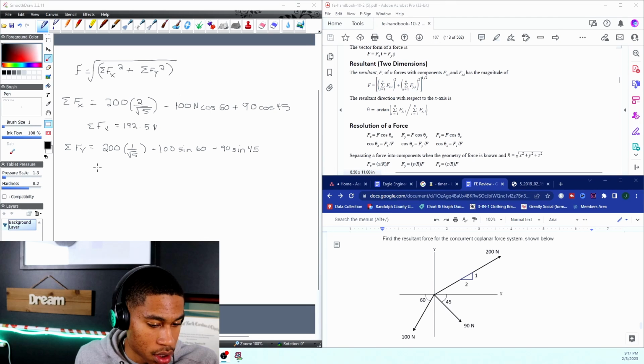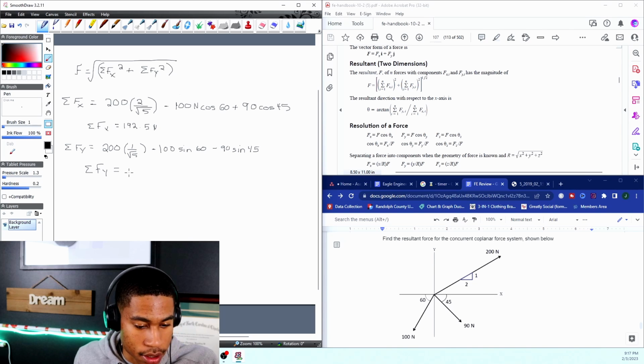So I end up getting the sum of the forces in the y is equal to, from my calculations, I'm getting a negative 60.79.